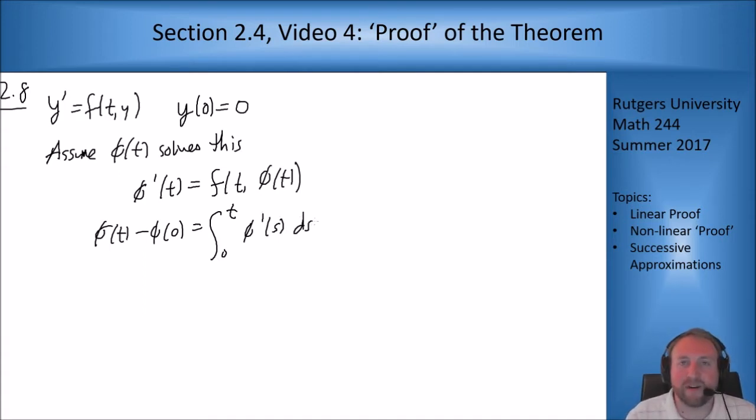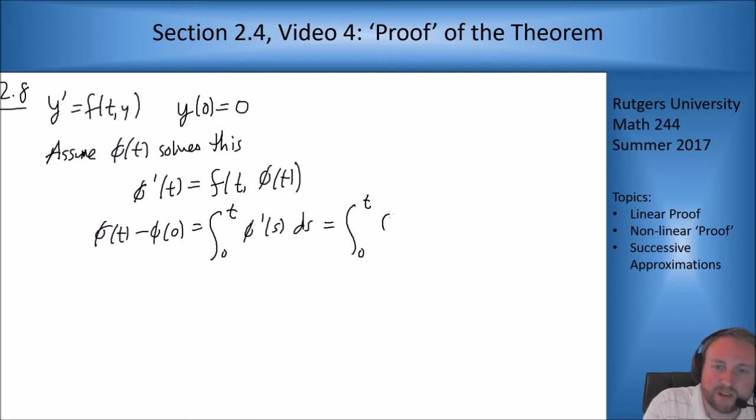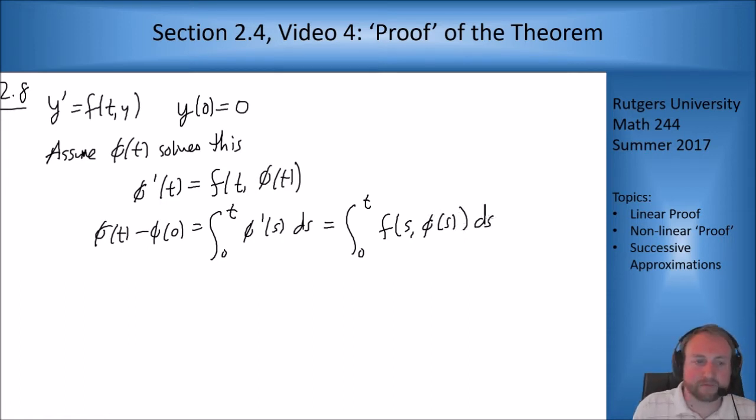Now, I know what phi prime of s is because I have the equation directly above, so I can replace that by the function f. So this equals the integral from 0 to t of f of s, phi of s ds. And on the far left, I know phi of 0 is 0 because phi satisfies the initial condition, so this just becomes phi of t.